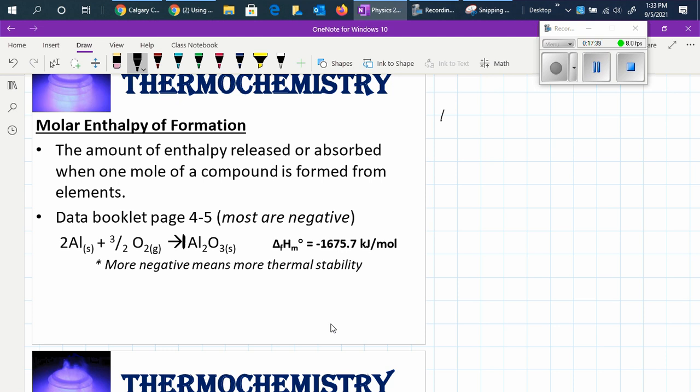So when we see the reaction, let's suppose that we have aluminum solid plus oxygen gas will give us aluminum oxide. Then if we were going to balance it, we would have 4, 3, 2.